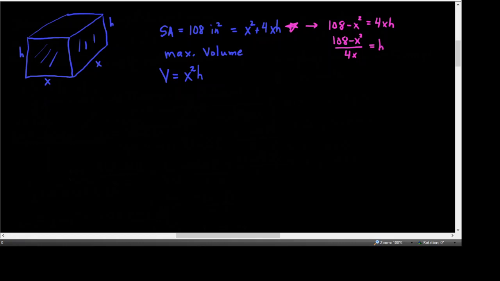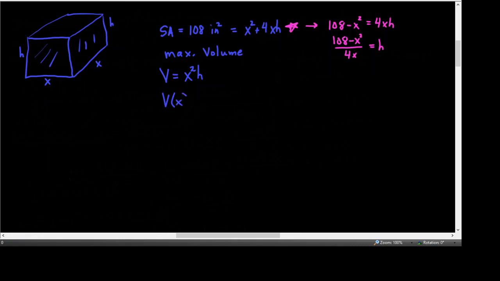So anytime we're doing an optimization, that is getting the greatest, biggest, most of something, or least, smallest of something else, we can only really deal with one independent variable. So we'll have our dependent variable for volume, but we want this to be in terms of x or h.